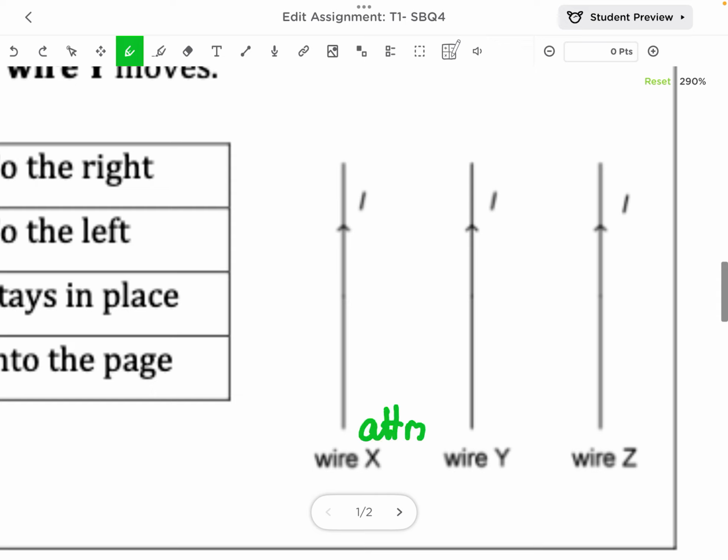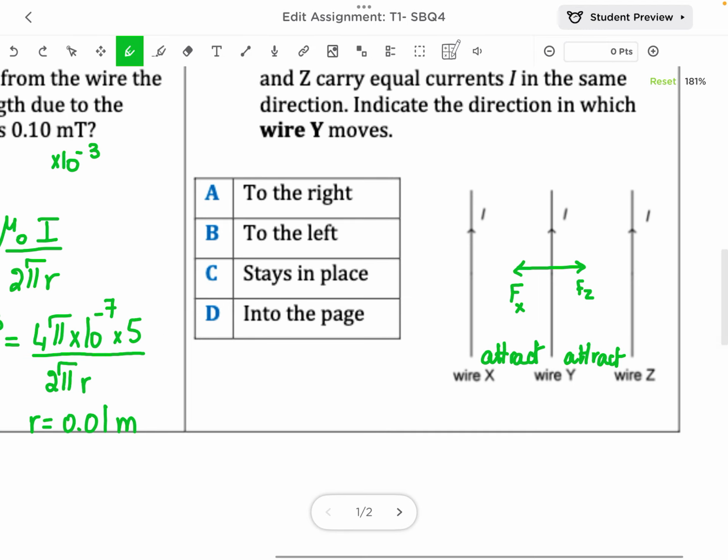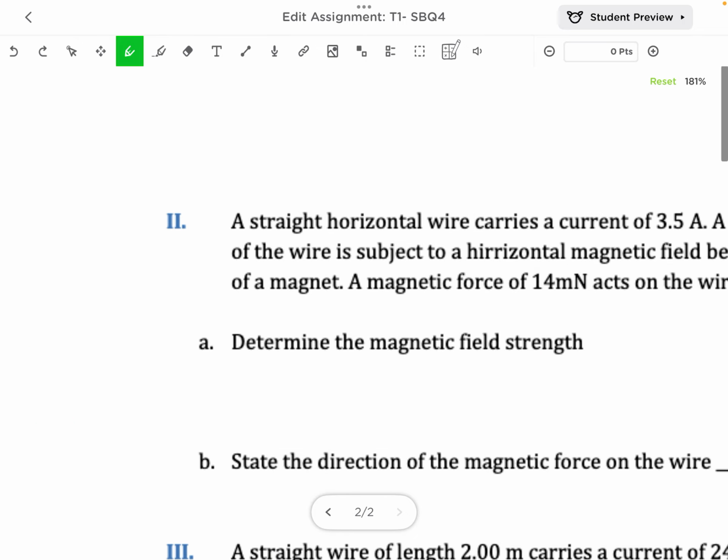They attract, right? So this means that Y will be attracted to the left. This is Fx. And Y with Z also, what do they do? Also they attract. So F of Z is like so. So what does the wire do? It doesn't move, it stays in place.